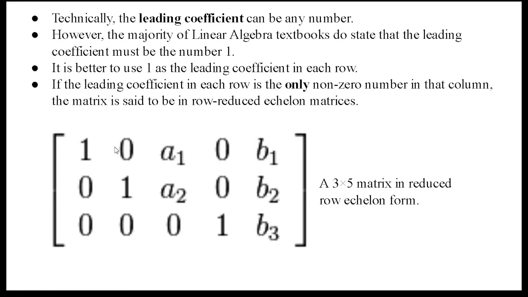It is better for us to use 1 as the leading coefficient in each row. If the leading coefficient in each row is the only non-zero number in that column, the matrix is said to be row-reduced echelon matrices, like the example below. This is a 3 times 5 matrix in reduced row echelon form.